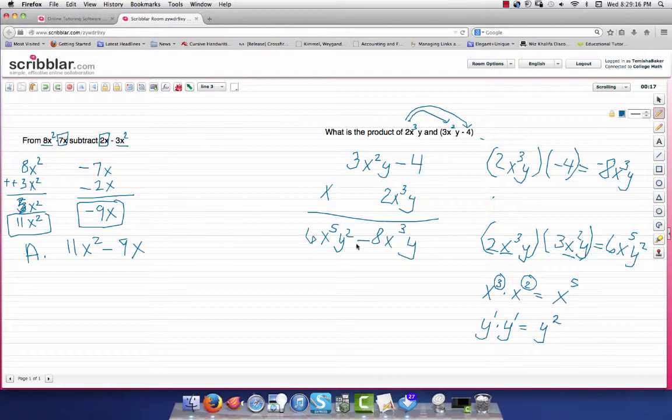Okay, now if these variables here look the same, then we could subtract them. So if this right here said x to the 5th and y squared, then we could subtract them. But since they're different, this is like we have 6 buses and 8 cars, so we can't add or subtract them because they're not like variable terms. Now, answer choices here in our book would indicate that answer choice B would be correct. This would be answer choice B.